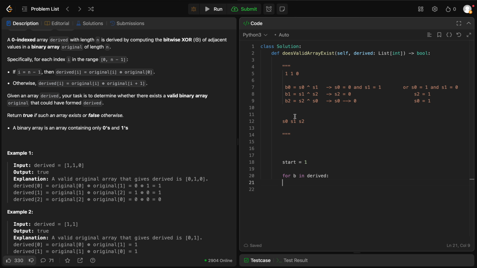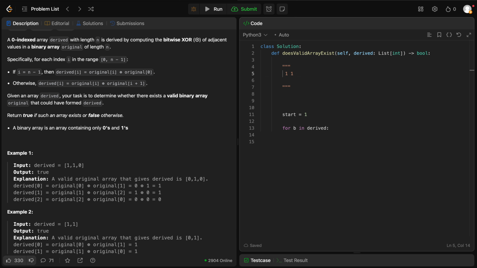So let's say I have this situation: 1, 1, 0. B should be equal to start XOR something.